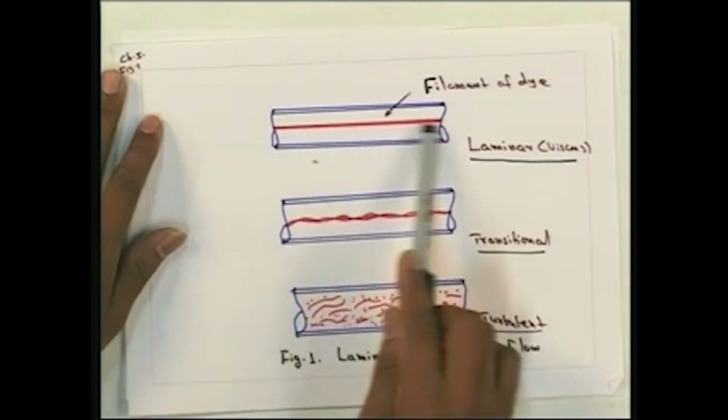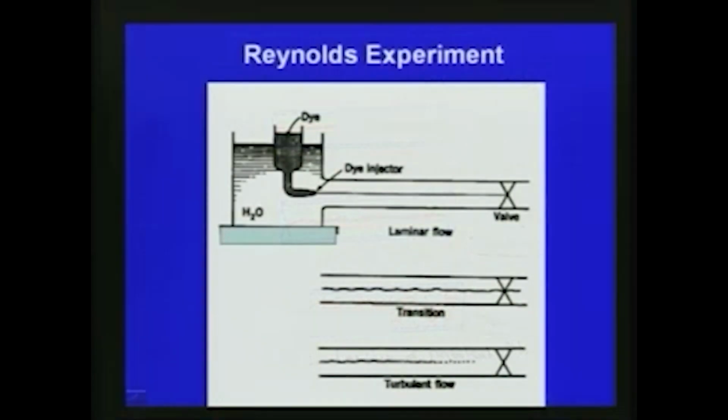When the valve is opened more, the fluid which was moving in layers starts to show some disturbances, and some oscillation starts. When the valve is opened further, the velocity increases, and with the dye movement we can visualize that mixing takes place, interchange of masses takes place, and there is erratic motion, and finally, as we have seen here, the flow becomes turbulent.